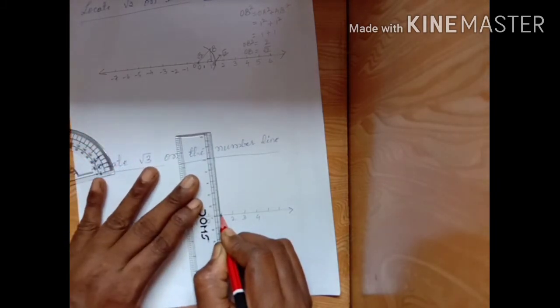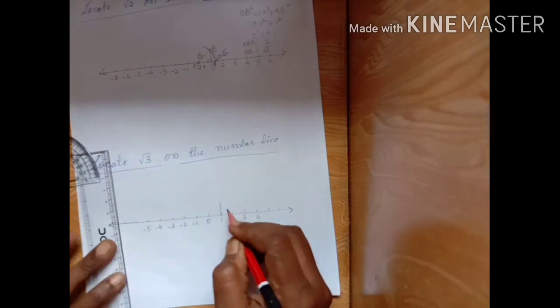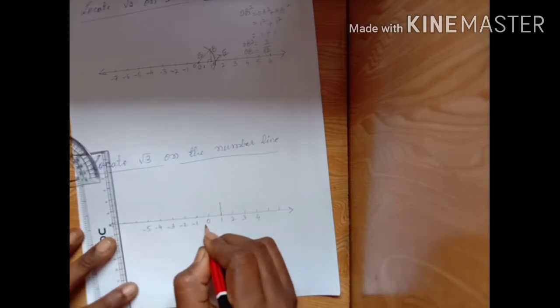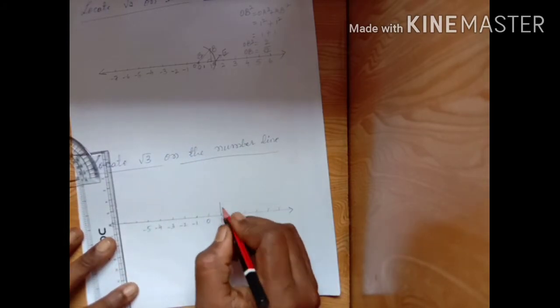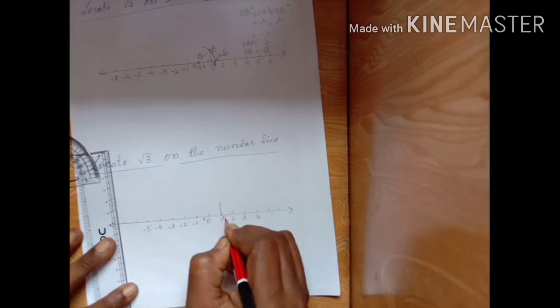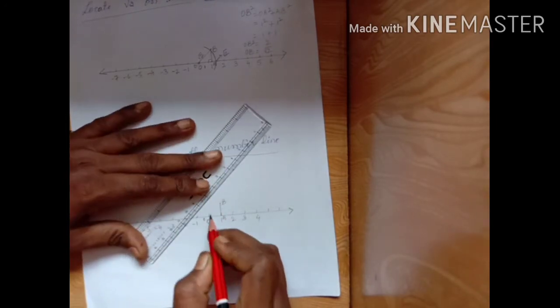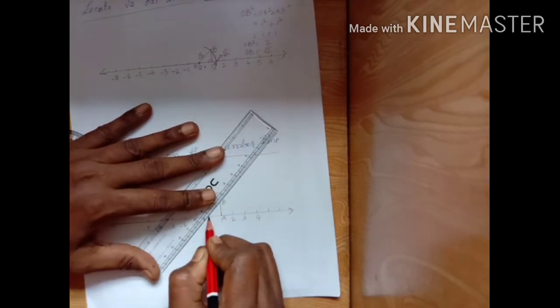How much you have to draw? 1 centimeter, is it not? 1 centimeter like this. Okay, now call that as 0, 1. Then call this as OA. We have marked the OA and this is B. Now join OB. Correct? Join OB.